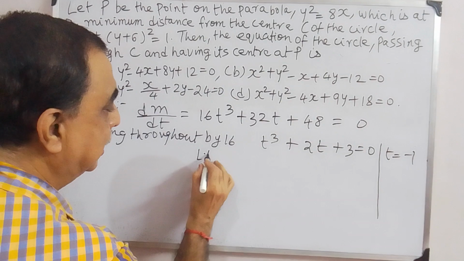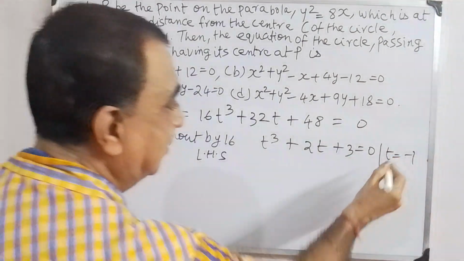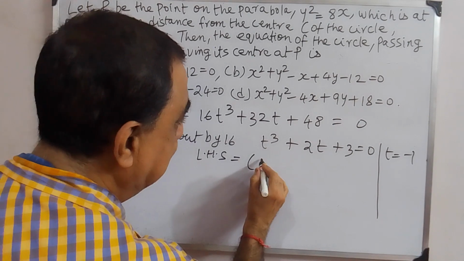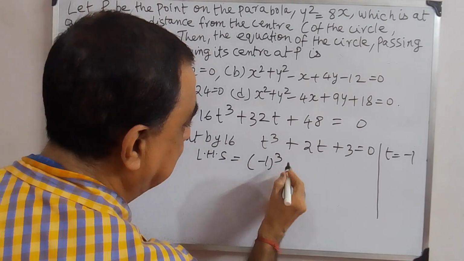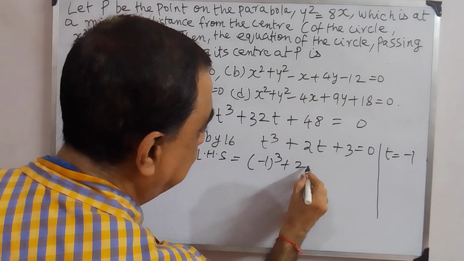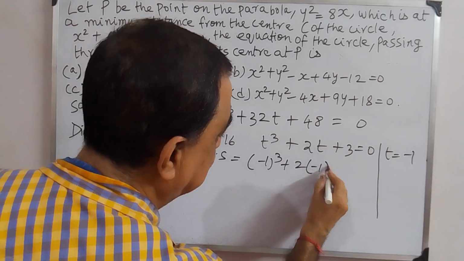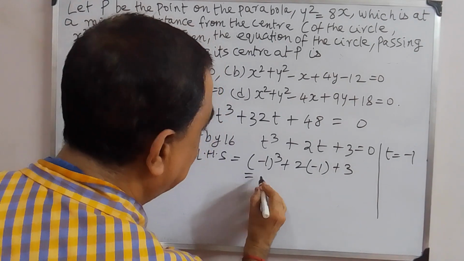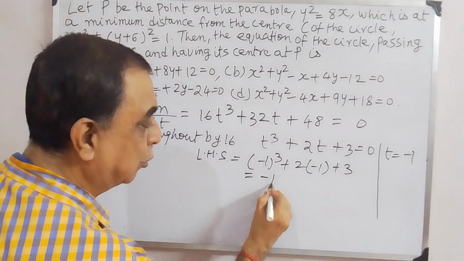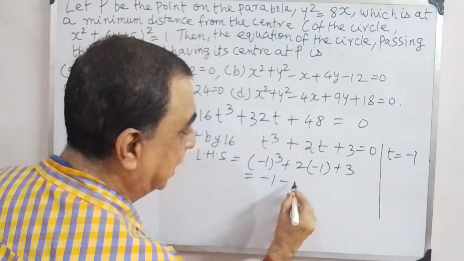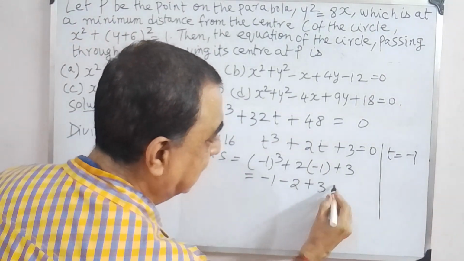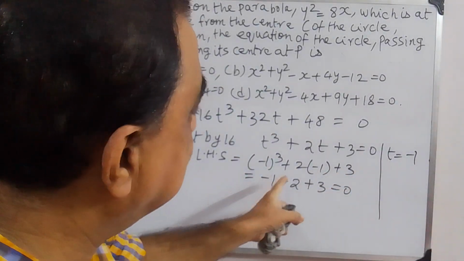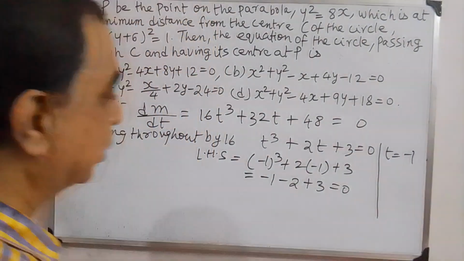So if I put t equals minus 1, I get minus 1 cube plus 2 into minus 1 plus 3, that is LHS. Minus 1 cube is minus 1, plus minus 2, plus 3 is equal to 0. So by putting t equals minus 1, we are getting left hand side equal to right hand side.